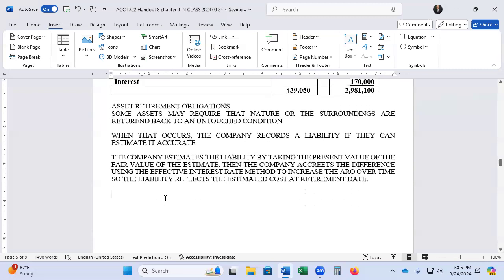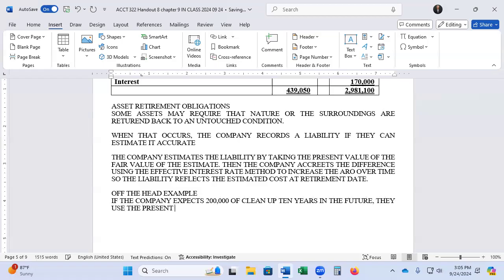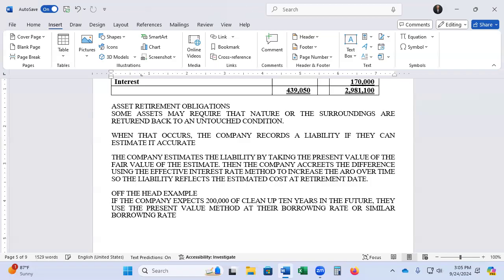So just to quickly throw some numbers in there, if the company expects 2,000 of cleanup 10 years from the future, they would use the present value method at their borrowing rate or similar borrowing method.